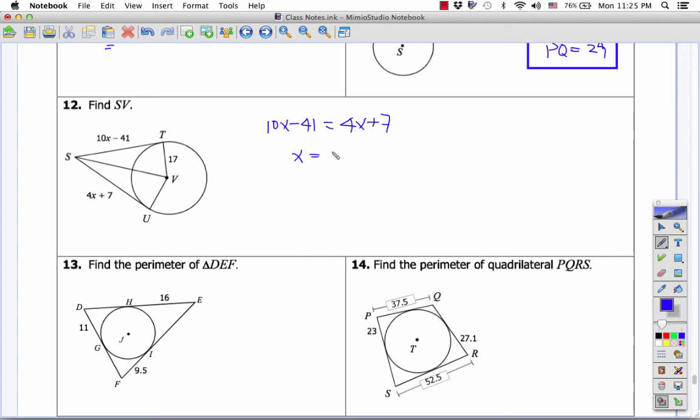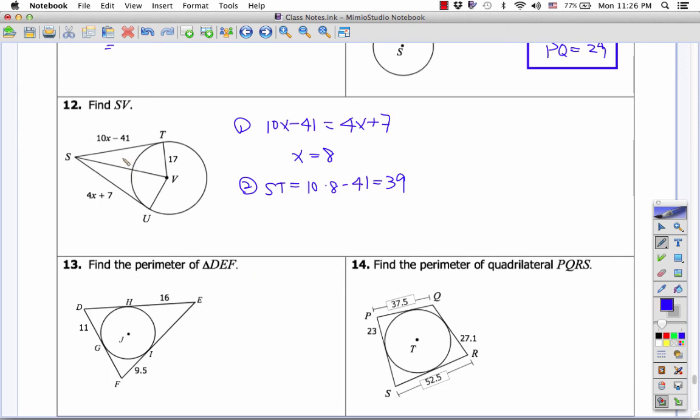And if you do that, your x should equal 8. Once I find x, I can find ST, so that's the first step. Second step, ST is simply 10 times 8 minus 41, and that should give me 39.